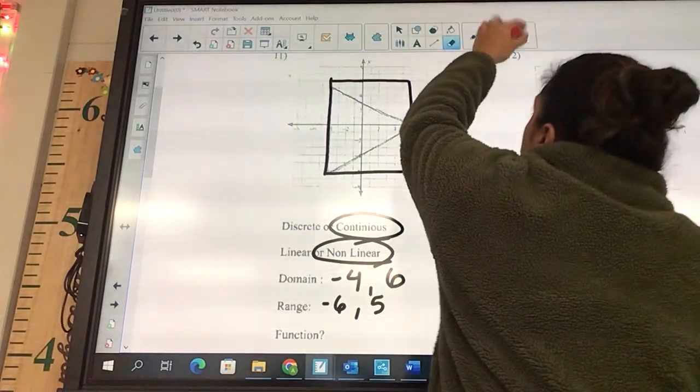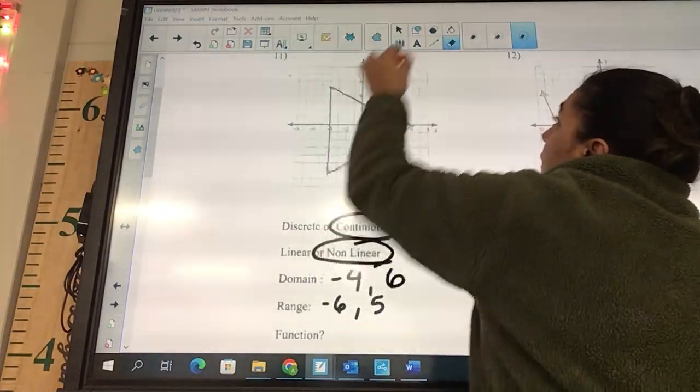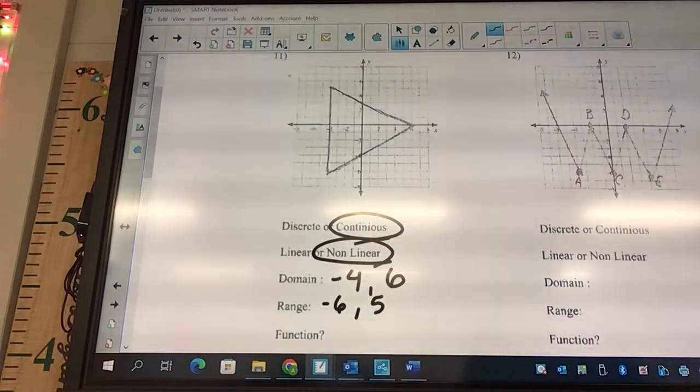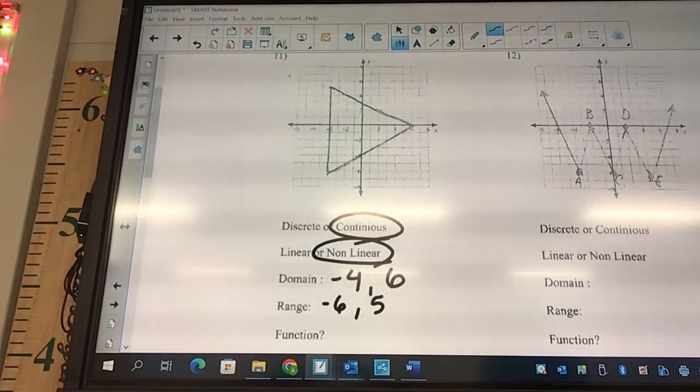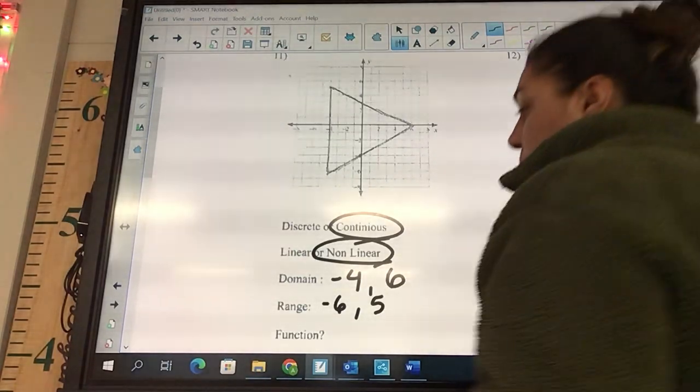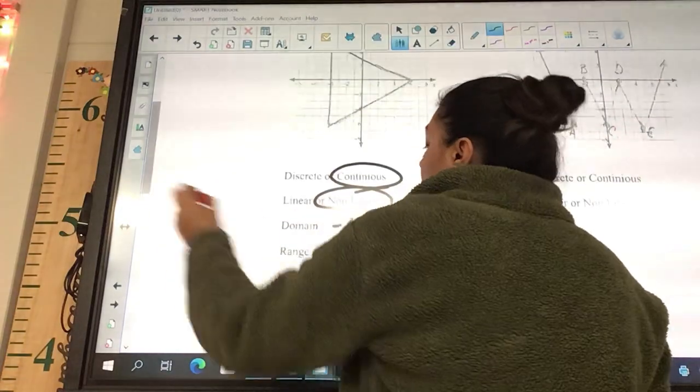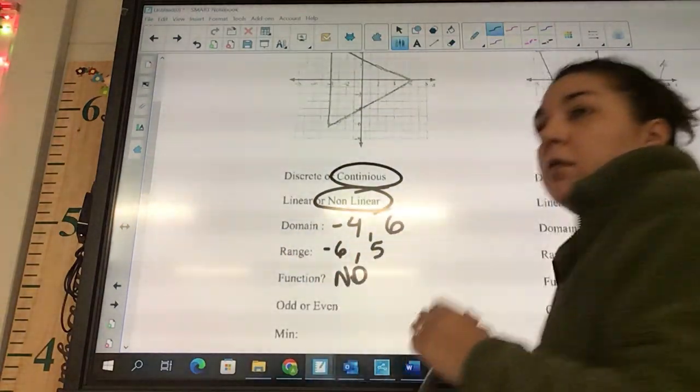Is this a function? How can we tell? What test do you do? You do it with the pencil. It's the vertical line test. So is this a function? No. How do we know it's a no?